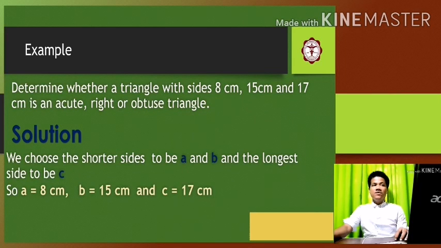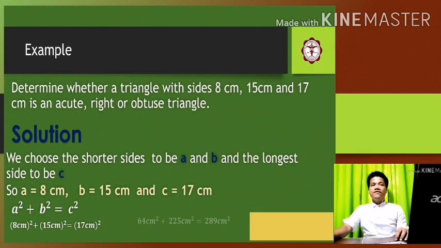Using the equation, we will have 8 centimeters squared plus 15 centimeters squared is equal to 17 centimeters squared, because our a is 8, our b is 15, and our c is 17. So we will have 64 centimeters squared plus 225 centimeters squared equals 289 centimeters squared.